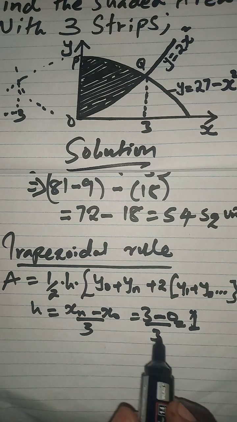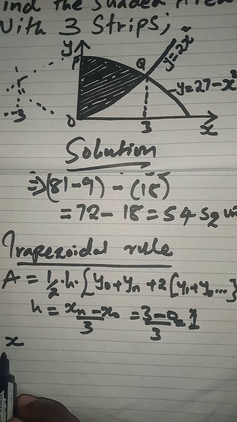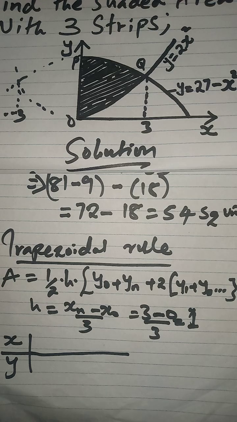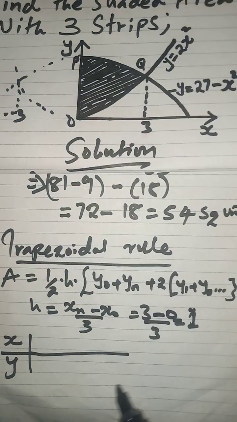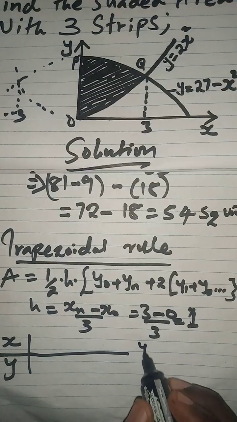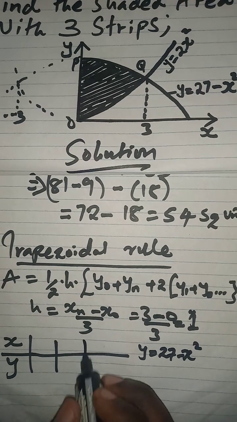So applying this rule, then it means I'm gonna create a table for the values of x and y for this first curve, this one. For y is equals to 27 minus x squared, I'm gonna create a table.